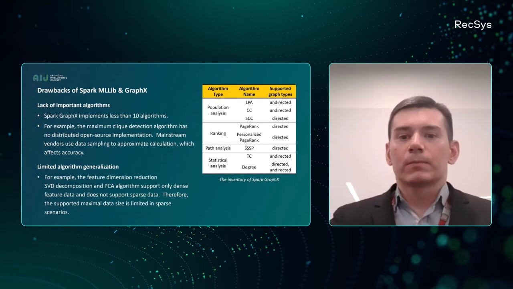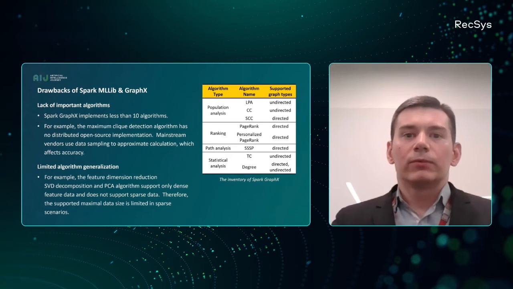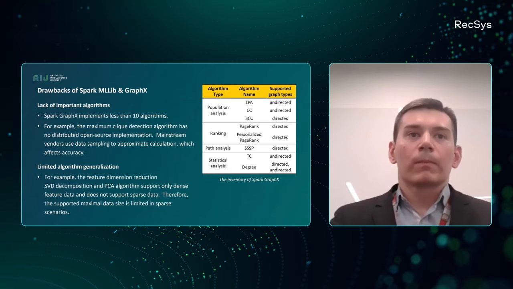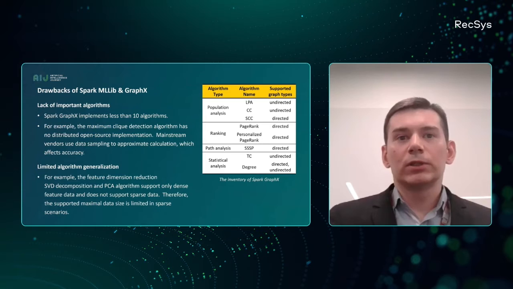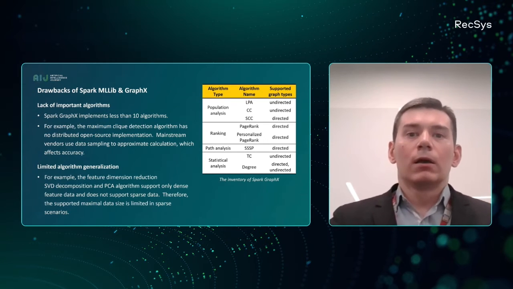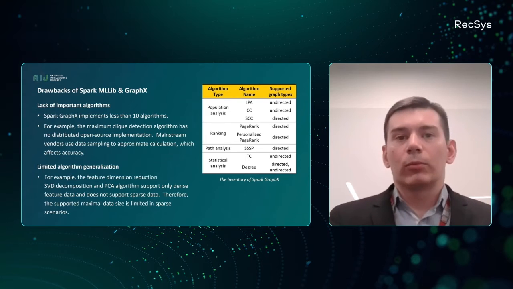Another problem is also limited algorithm generalization and incomplete coverage. Algorithms may support only certain kinds of data. For instance, PCA and SVD decomposition algorithms are supported by Spark. They're open source.